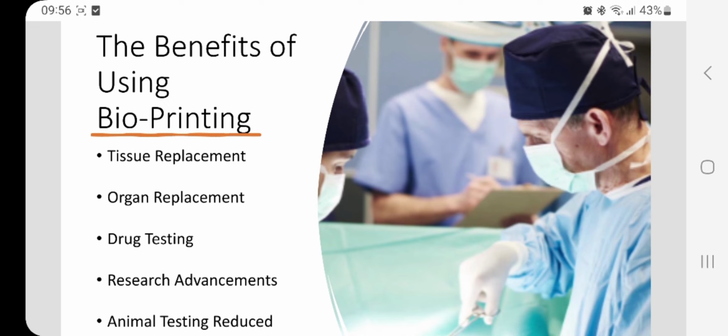Organ replacement. Patients in need of life-saving organ transplants could receive bioprinted organs that match their specific requirements, DNA, which would reduce the wait time and save lives.